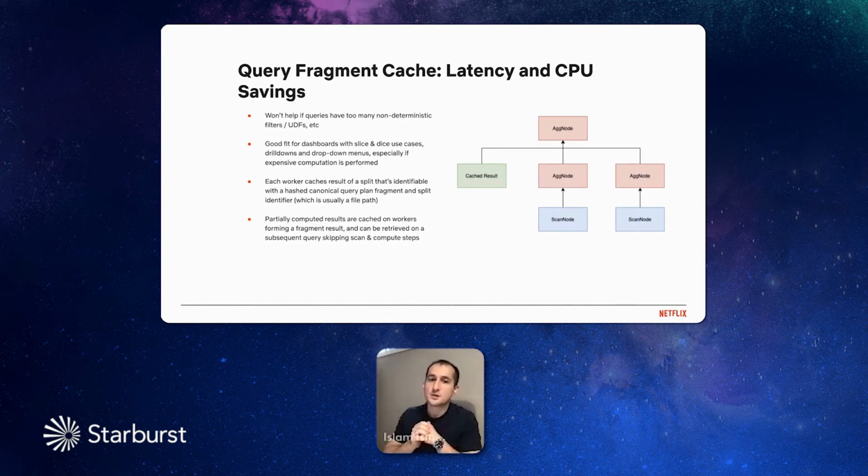In our use case, it was exactly that: dashboards that were powering UIs. UIs were being powered by the Trino queries, and we found that this was very, very effective for us.